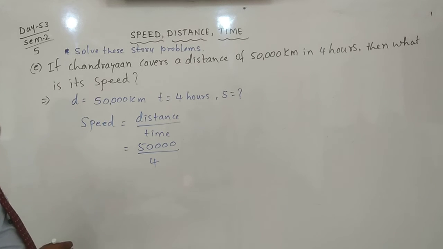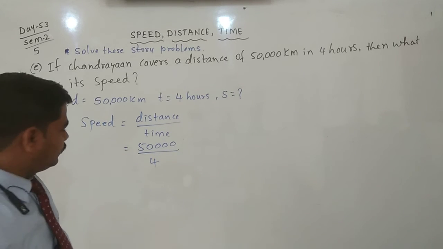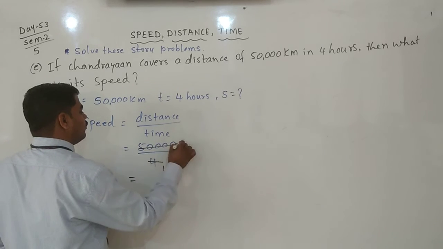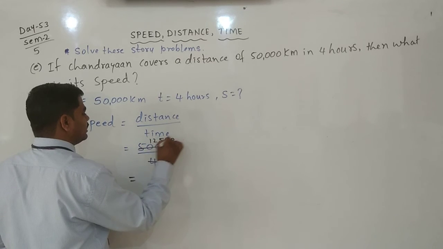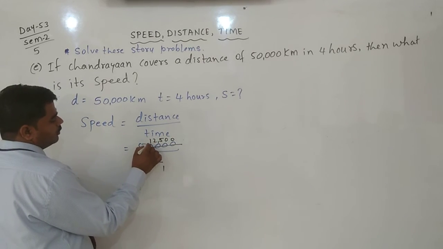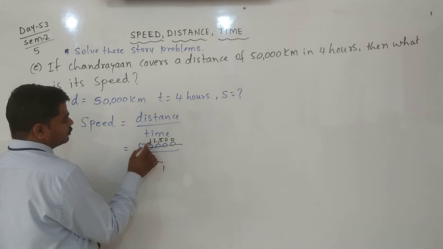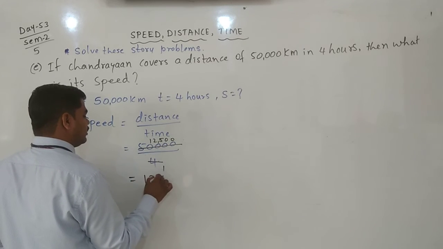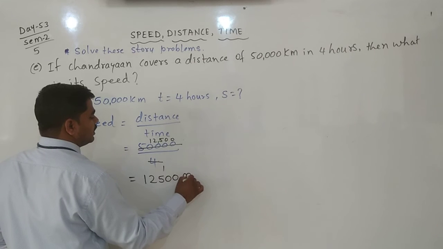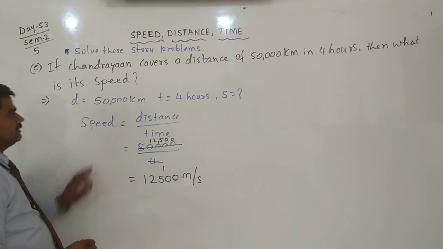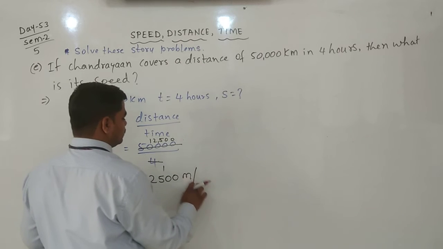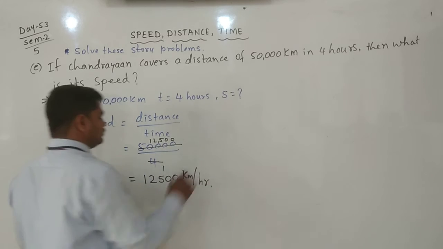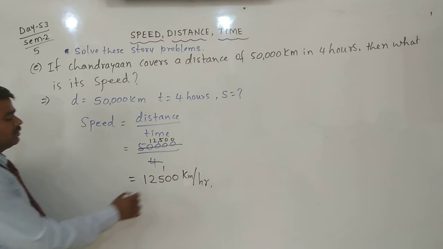Then we can divide. 4 1s are 4, 2 remains, 1 remains, 1 0 is 4 2s are 8, again 2 remains, 20, 4 5s are 20, these 2 zeros. 12,500 meter per second. Yes, sorry, kilometer per hour, not meter per second, kilometer per hour.